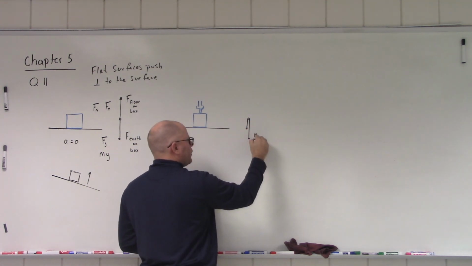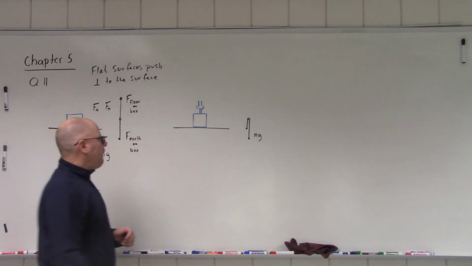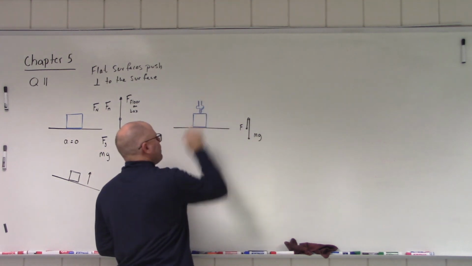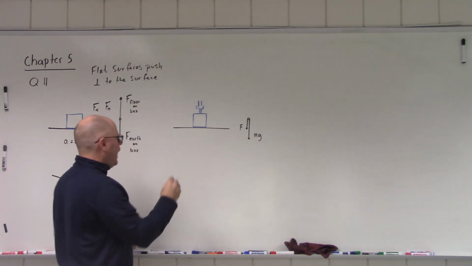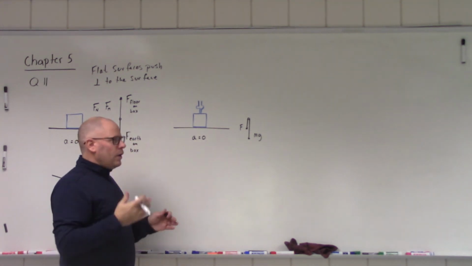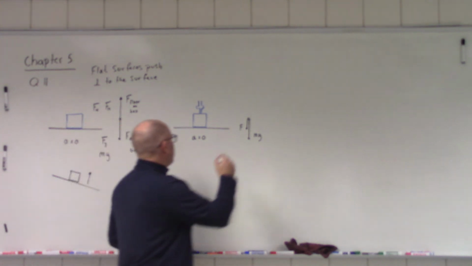This is the force from the earth, we call that mg. This one here is the force F that's pushing down on it from the finger. But again, the acceleration is still equal to 0, so forces must balance.